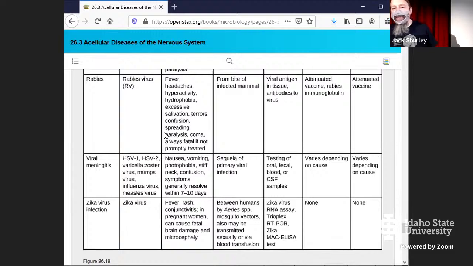This is definitely something that should be kind of a concerning virus because you don't really know. You want to be very cautious. When I was teaching a microbiology lab a handful of years back, a squirrel bit one of my students on the finger.